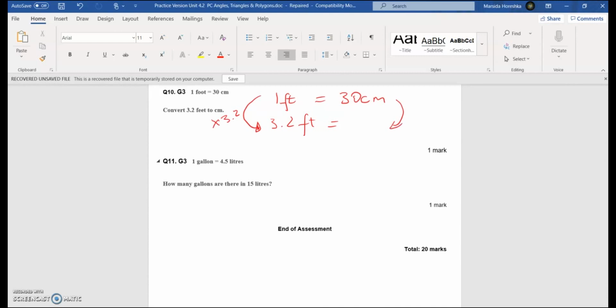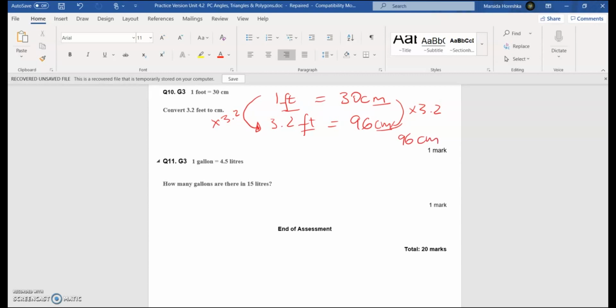So we must do the same on the other side, because this is direct proportion. So 30 times 3.2 is equal to 96. 96 centimeters. We have centimeters on one side and feet on the other. So the answer is 96 centimeters.